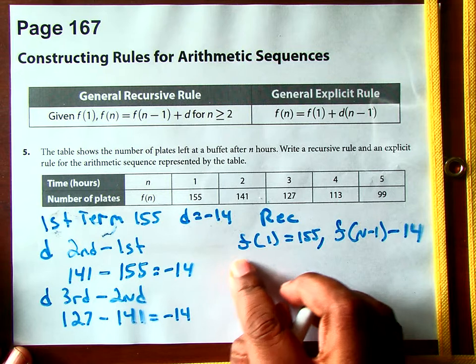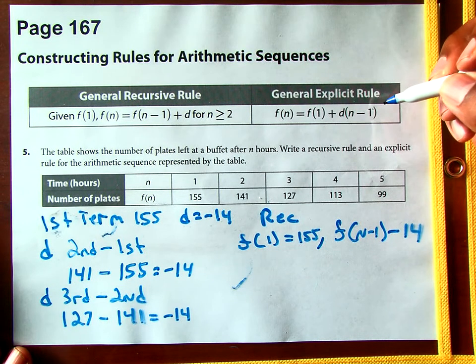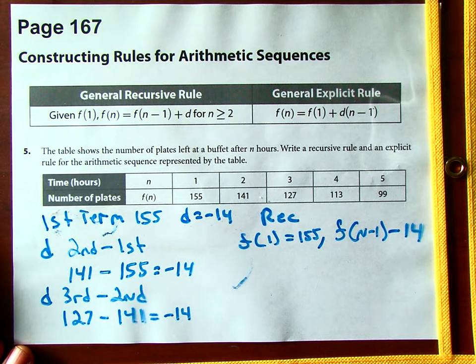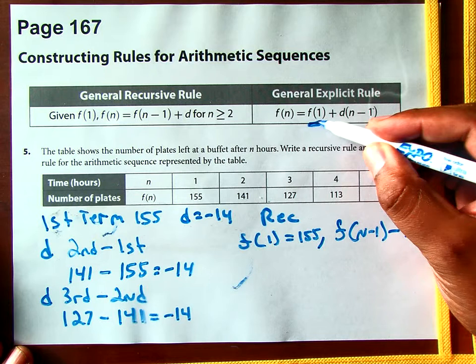Now we're going to do the explicit rule. With the explicit rule, I've got function notation here. And what I'm going to do is plug in the first term. Like I said, you need that.